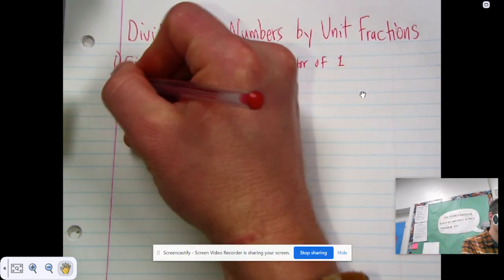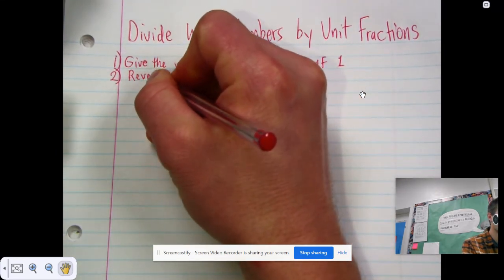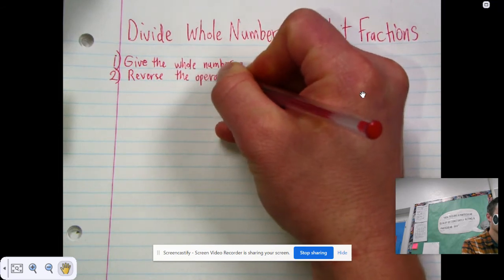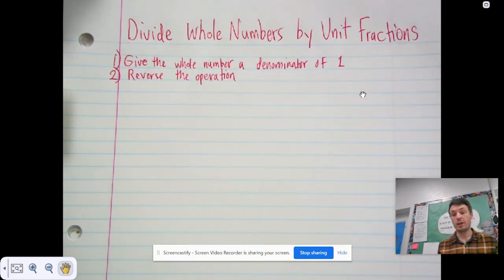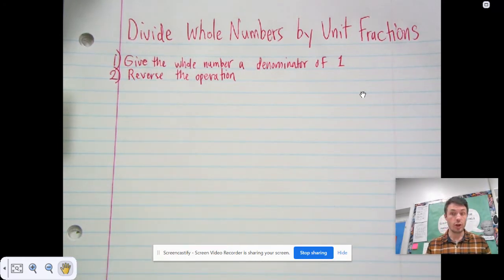Step 2 is reverse the operation. Now, what's the reverse operation from division? It's multiplication. So we change the division problem into a multiplication problem.